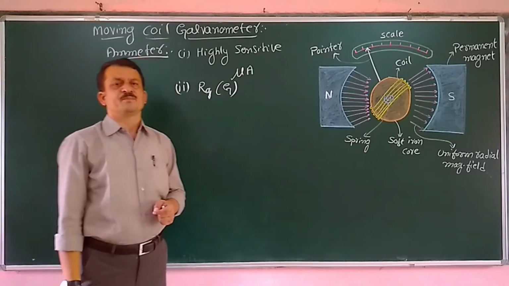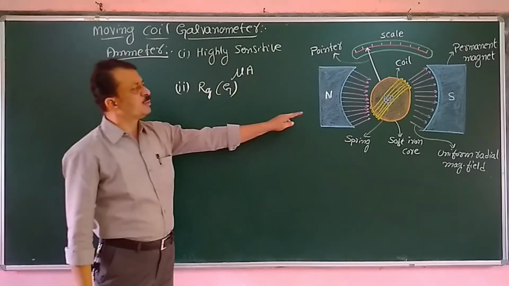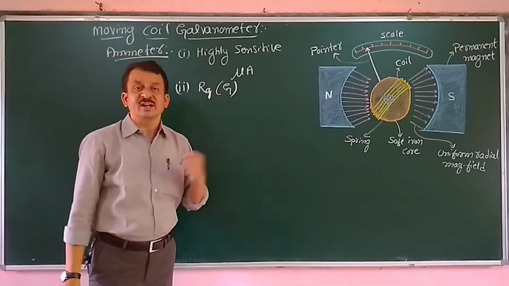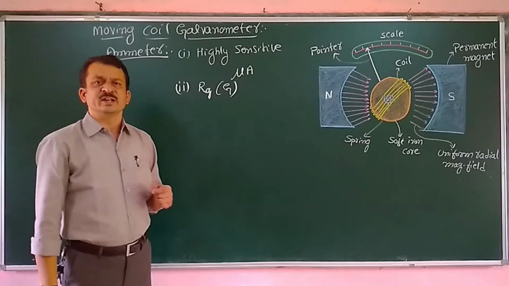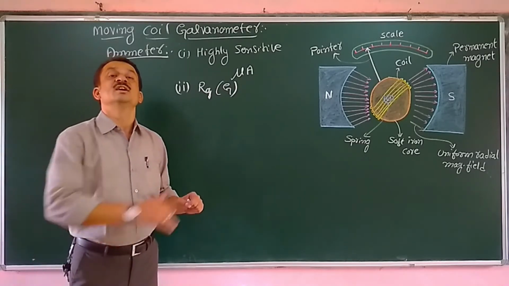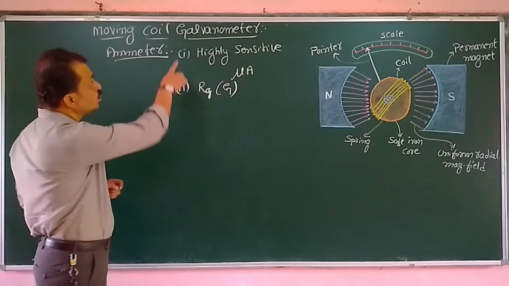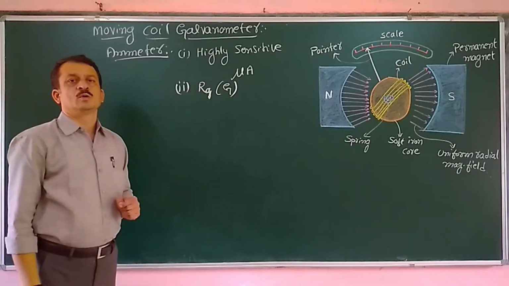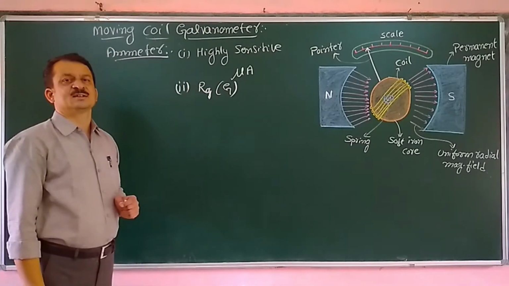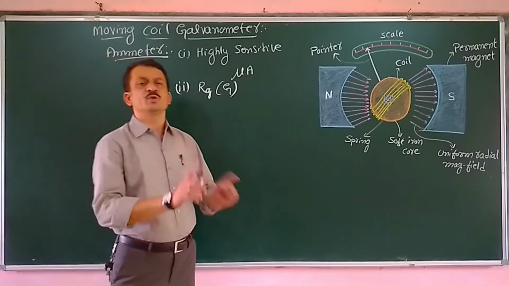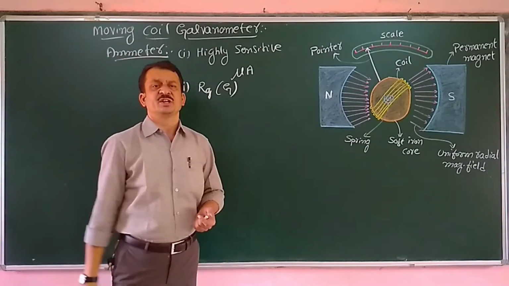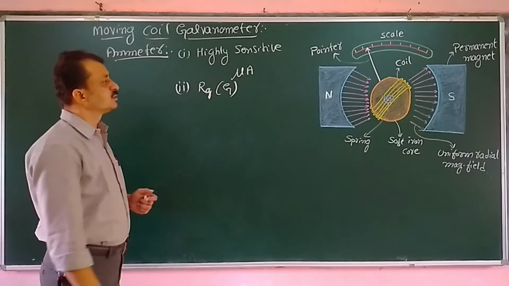If you use this galvanometer to directly measure the current, obviously the circuit current reduces. Because of these two factors, the galvanometer cannot be used to directly measure the current.